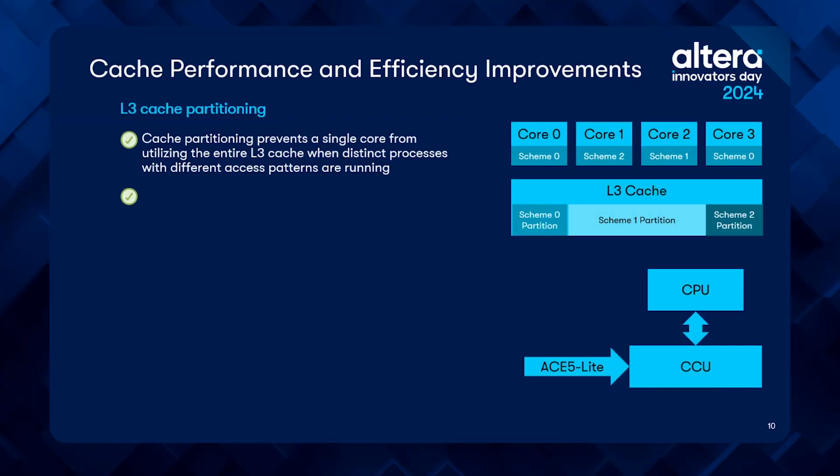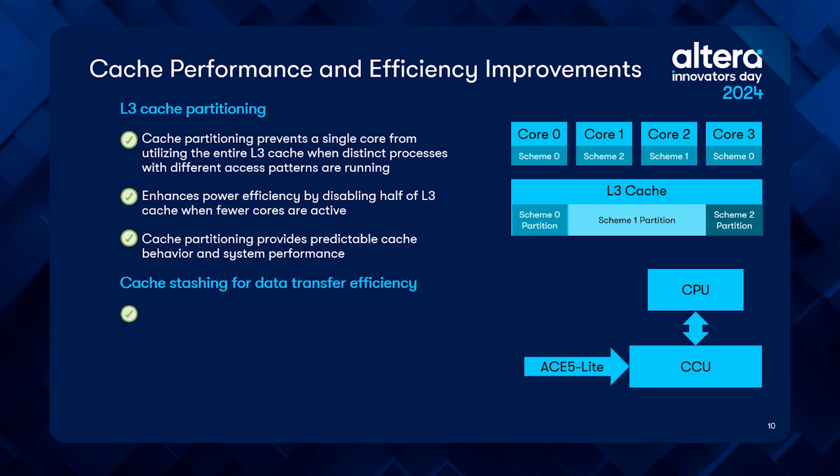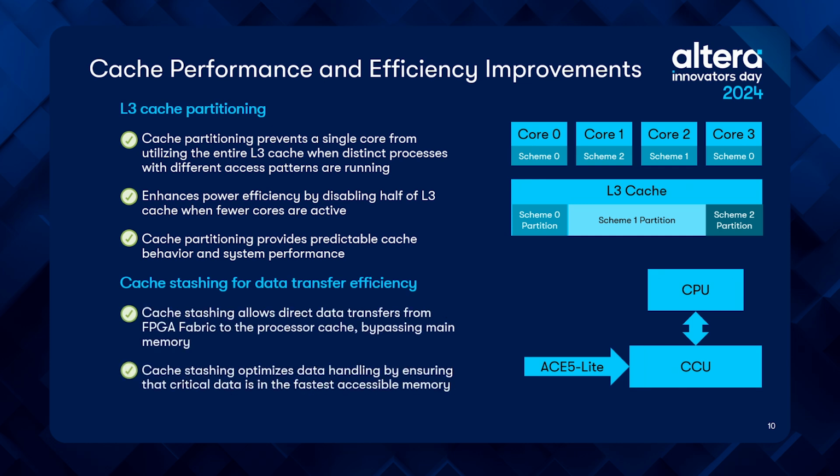So I want to talk about two other features that we added that support high performance systems, right? So we support cache partitioning. Cache partitioning is really about: can I partition my cache so I avoid cache starvation? If one core needs more memory, I can partition it equally or distribute it based on the application's needs, on how much cache each core needs. What this really does is give predictable performance and behavior of the cache system, so that you don't end up starving one core versus the other.